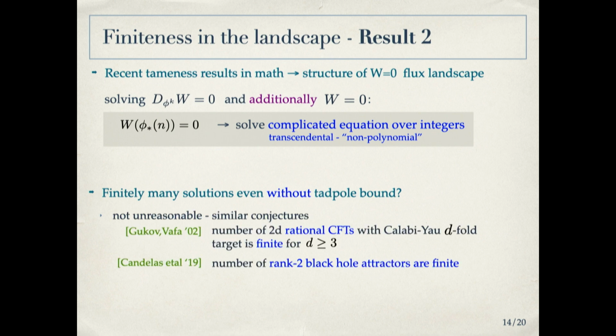But the idea would be that the transcendentality is so high that these transcendental functions only finitely many times hit the integers. And this is actually the underlying reason why these two conjectures about the finiteness of rational CFTs or rank 2 attractors have been put forward. However, our setting is more general and has a much more exciting structure.